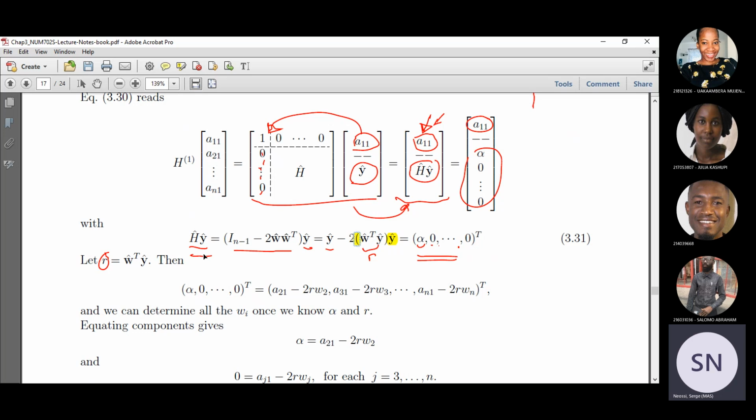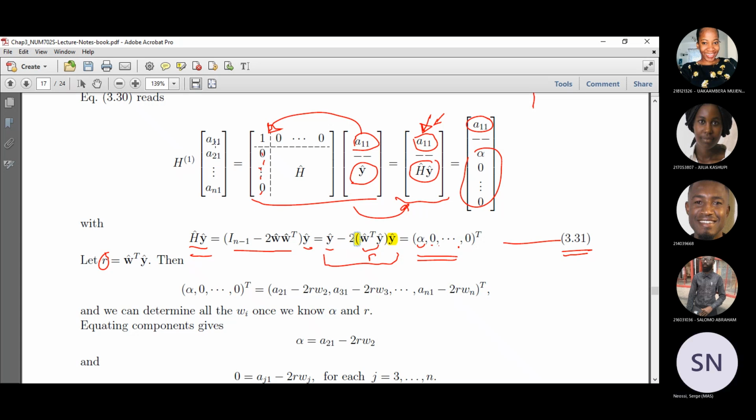So remember that we have formula or equation 3.31, which is this. Now, if we substitute this expression, we have the right hand side, which is alpha, 0, 0, 0 transpose, equal to this expression. We know what our W hat is.